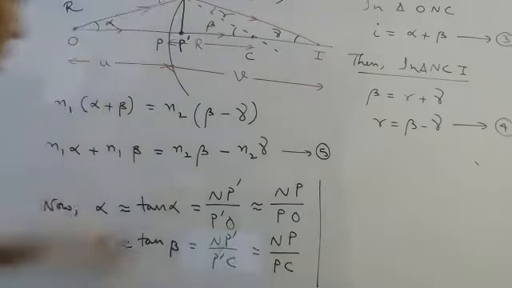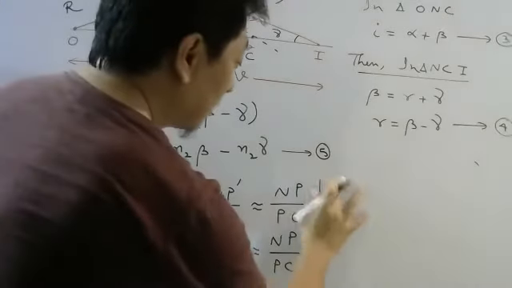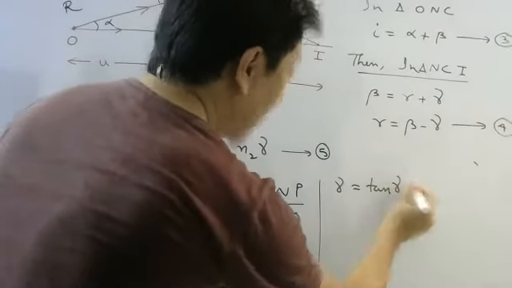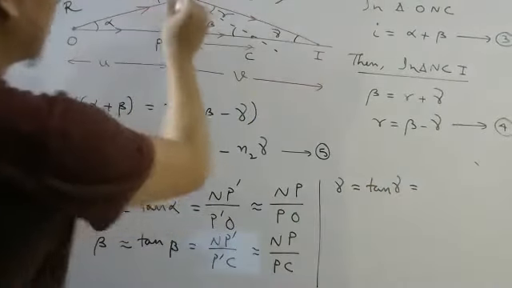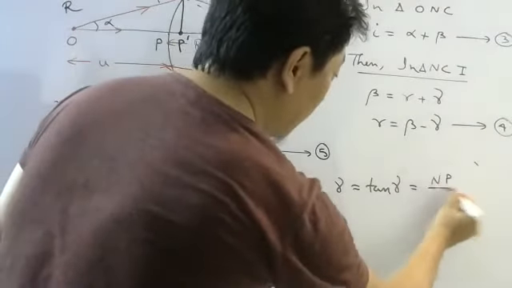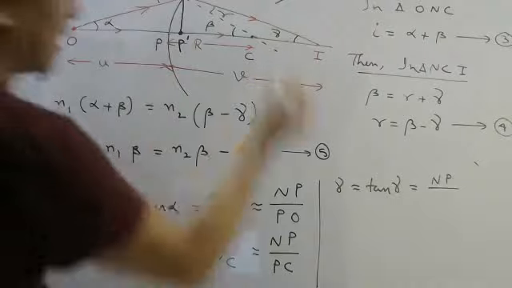In the same way, gamma can be replaced by tan gamma, and tan gamma in this big triangle here is opposite NP dash, which I can write as NP divided by PI.